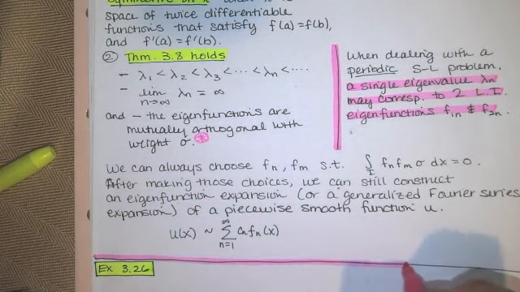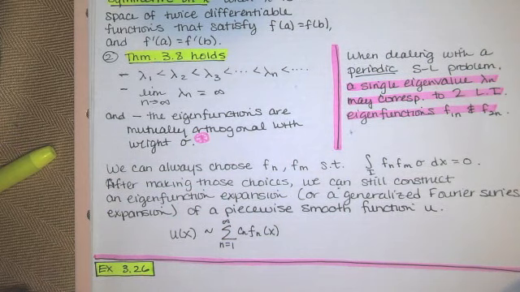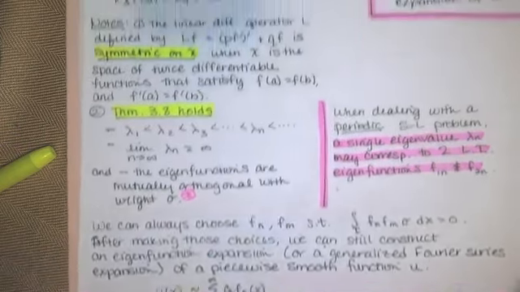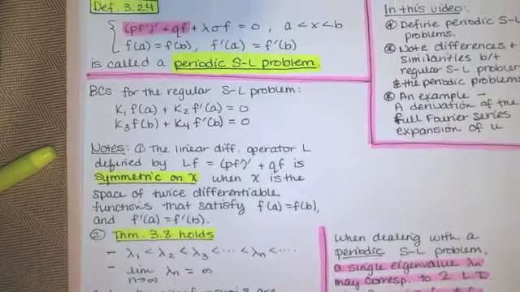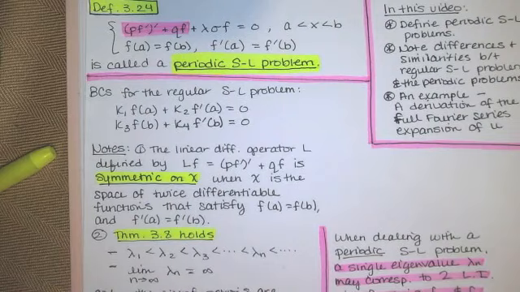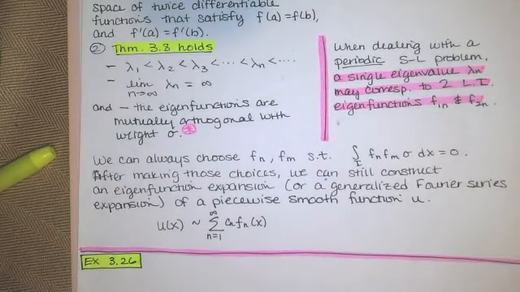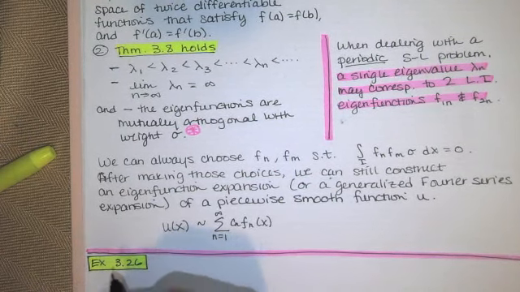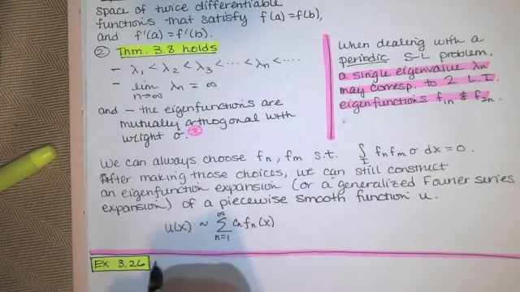We won't be doing that. We're just going to start from first principles, look at all the possible values of that real parameter lambda, and then we'll see that for this particular periodic Sturm-Liouville problem, we end up deriving the full Fourier series expansion of a function u.